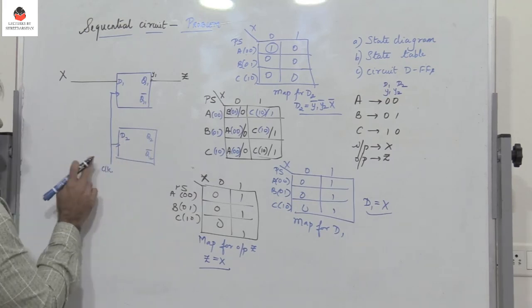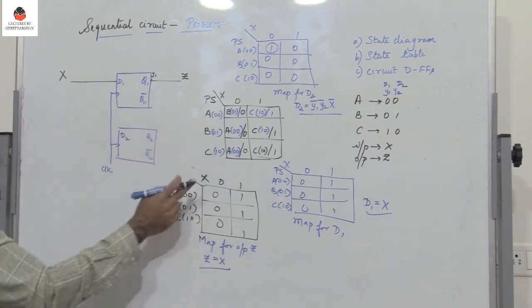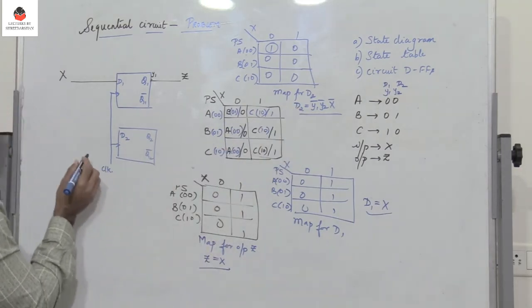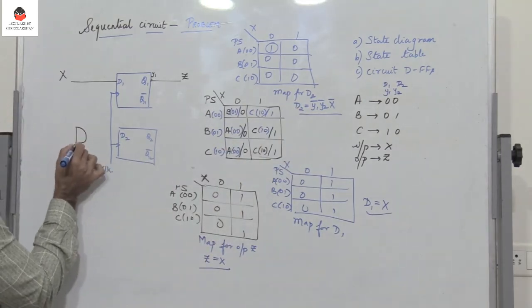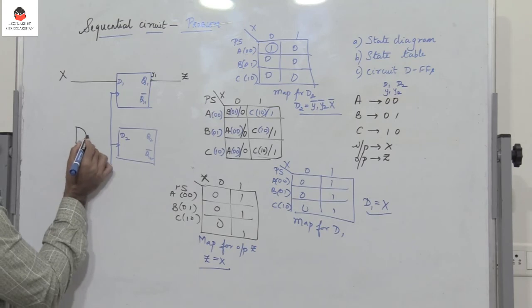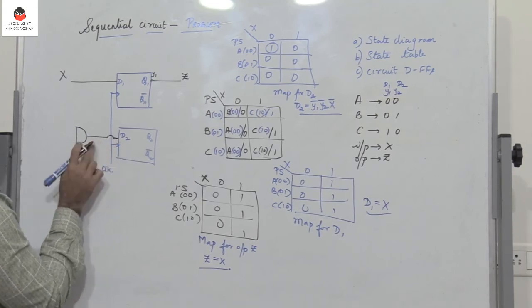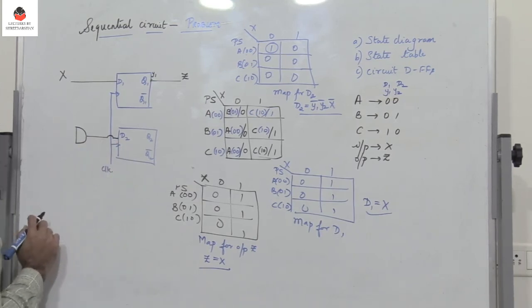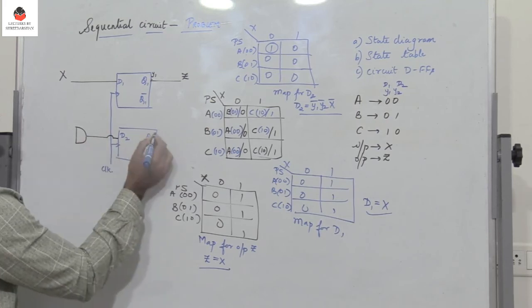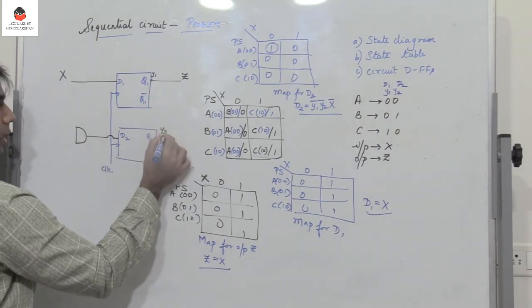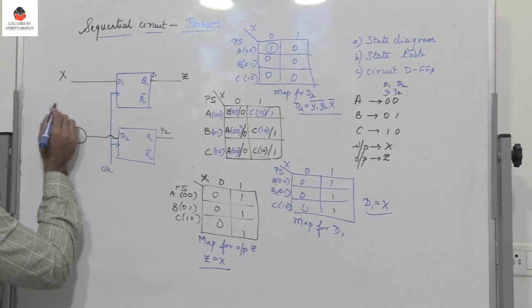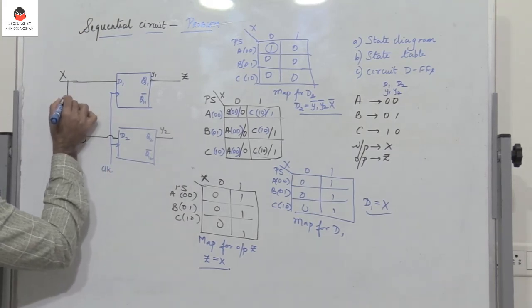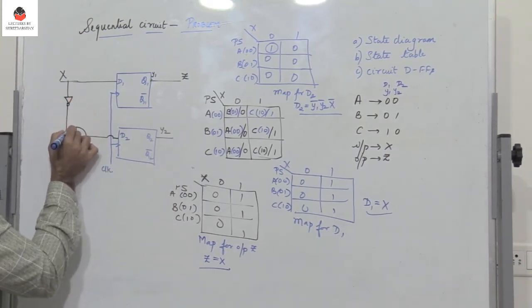Next, what is the input to the second D flip-flop? It is Y1 bar, Y2 bar, X bar. So I need a 3 input AND gate given as the input to the second flip-flop D2, and what are its inputs? X is passed through an inverter, and we get X bar here.